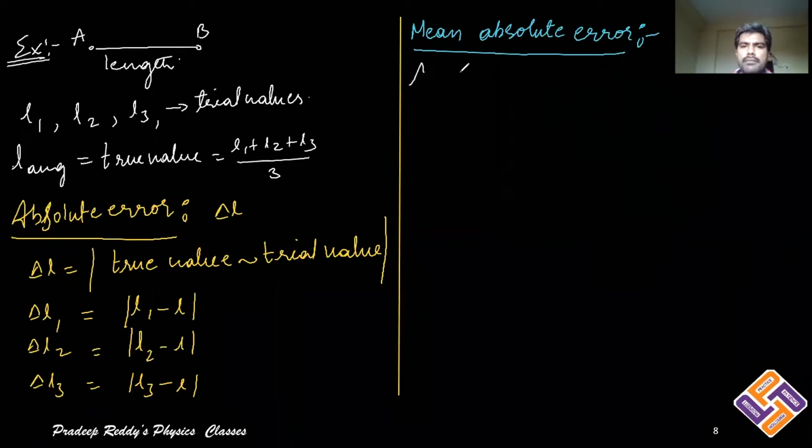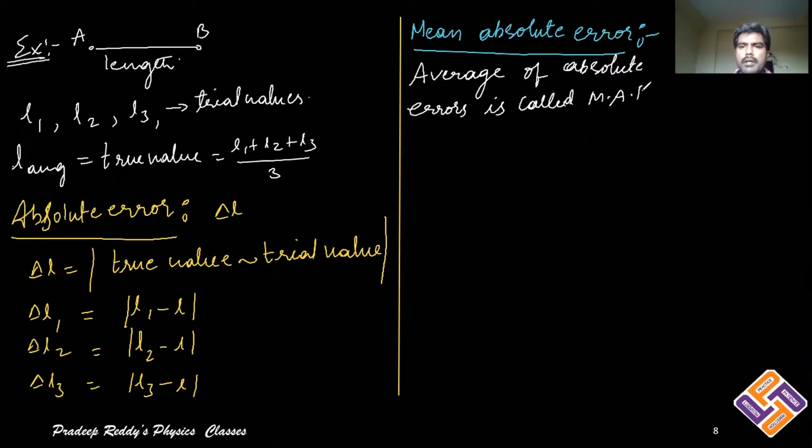The average of absolute errors is called mean absolute error. So I can write mean absolute error as delta L1 plus delta L2 plus delta L3 divided by 3.